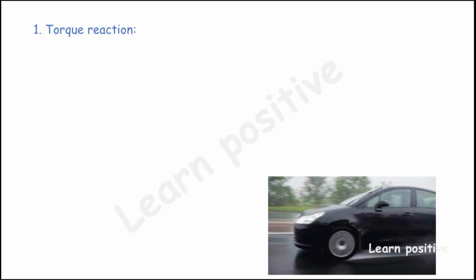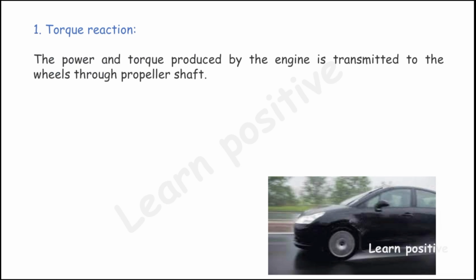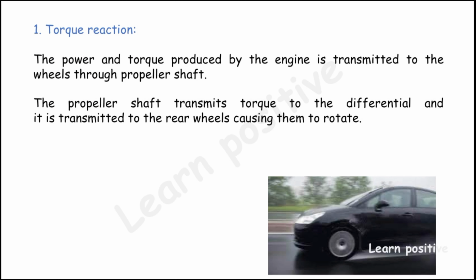The reactions, we divided into four. The first one is torque reaction. The power and torque produced by the engine is transmitted to the wheels through the propeller shaft. So the propeller shaft transmits the torque to the differential and it transmits the power to the rear wheels, causing them to rotate.